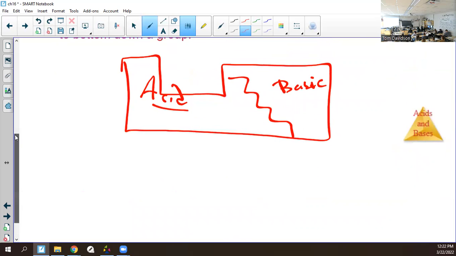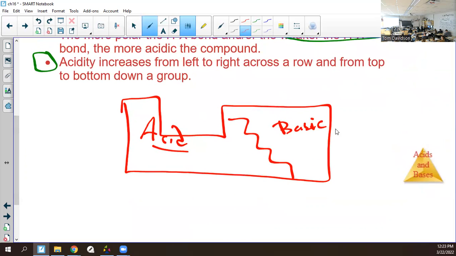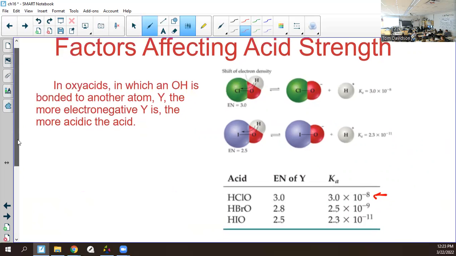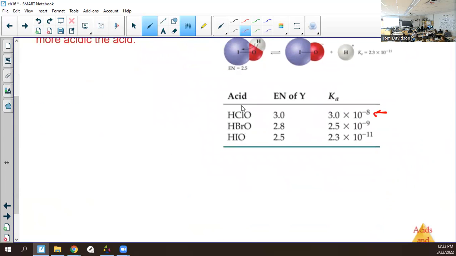Don't stress too much about this slide or the next couple. In oxy acids, in which OH is bonded to another atom, Y, the more electronegative Y is, the more acidic the acid.